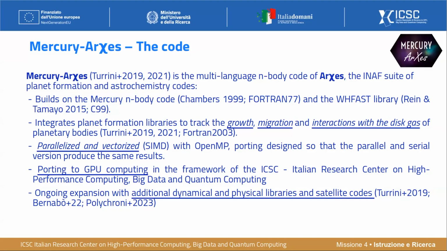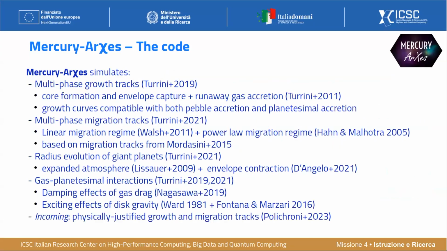There is also ongoing work to expand the code with new dynamical and physical libraries, which I will mention later today. And there is also a suite of satellite codes, which together with Jade, that Elenia already presented, form our Arxes suite of codes for planet formation studies.